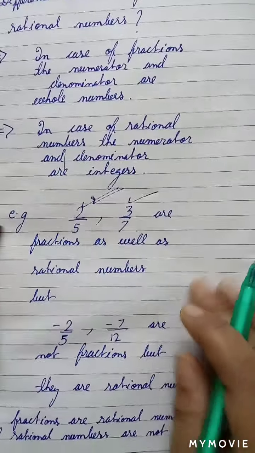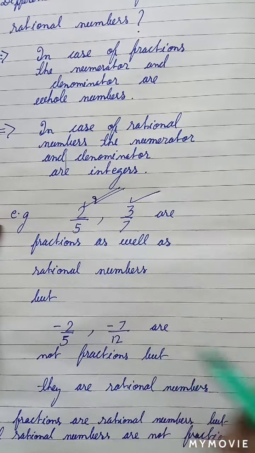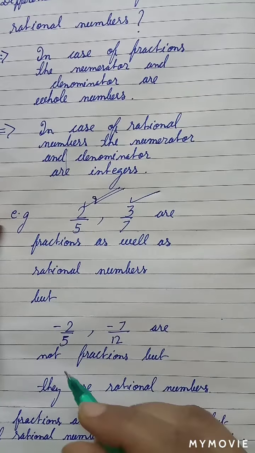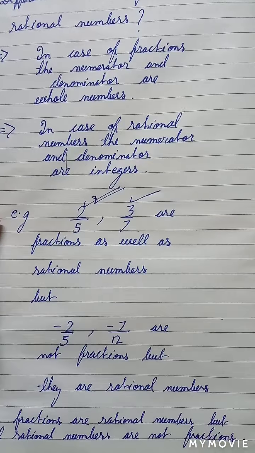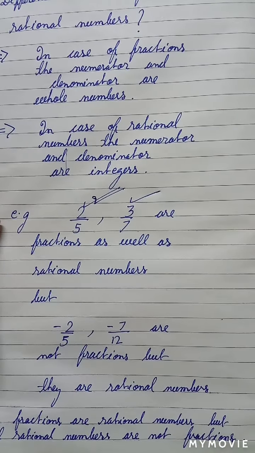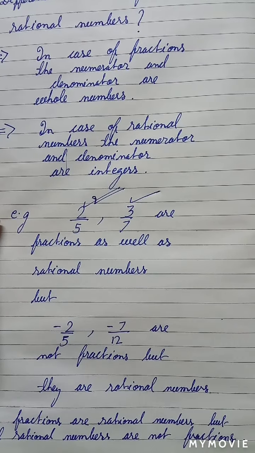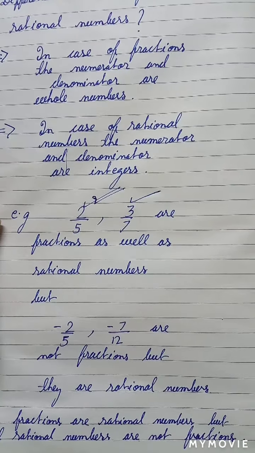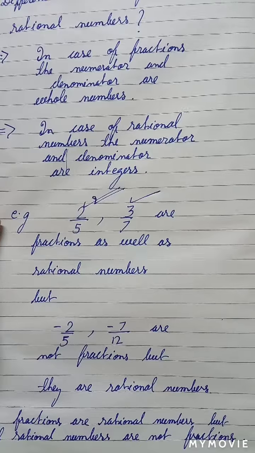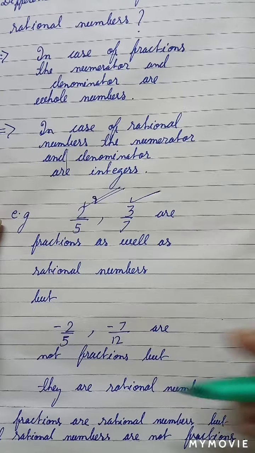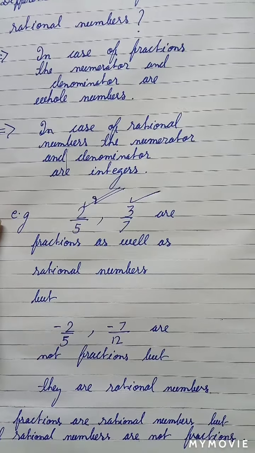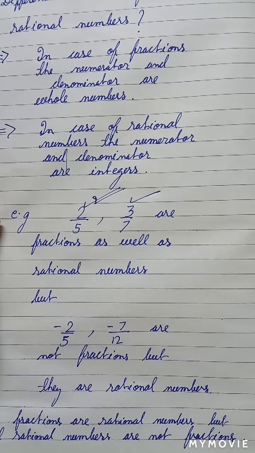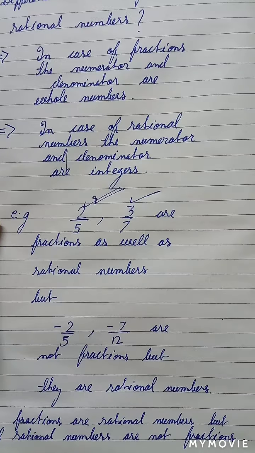But what about minus 2 by 5 and minus 7 by 12? Minus 2 is an integer, but it is not a whole number. Same goes with minus 7 by 12. Minus 7 is an integer, but it is not a whole number. So minus 2 by 5 and minus 7 by 12 are not fractions, but they are rational numbers.